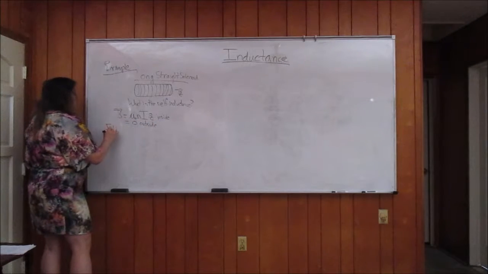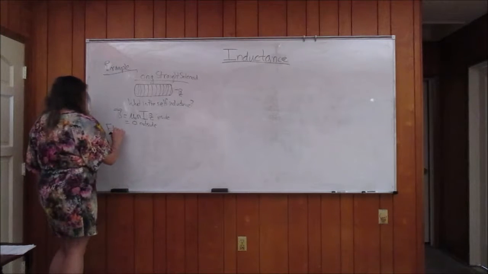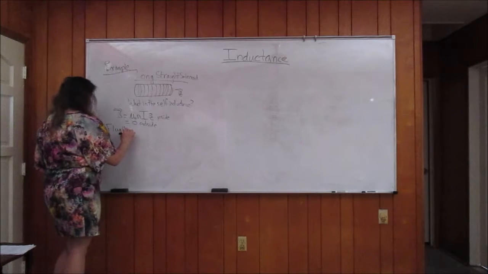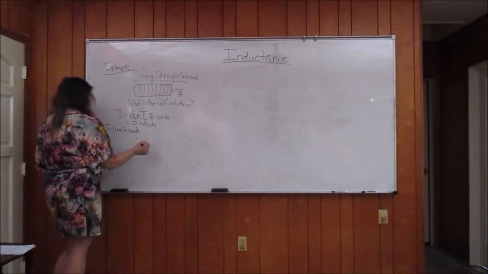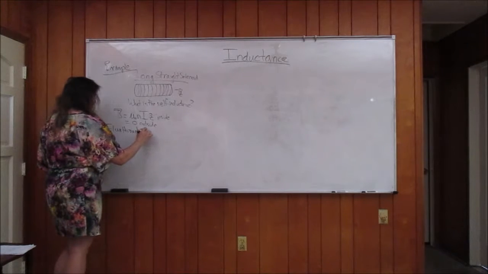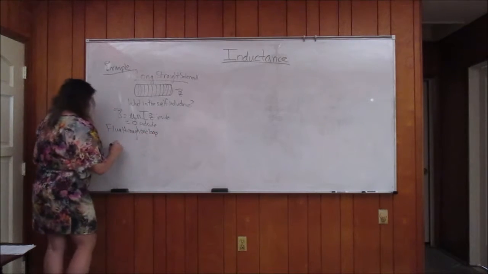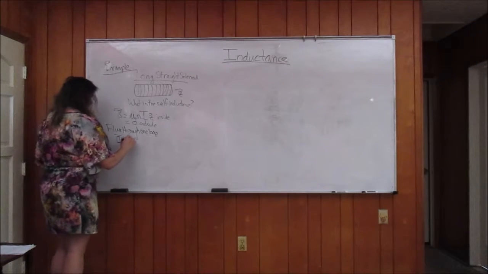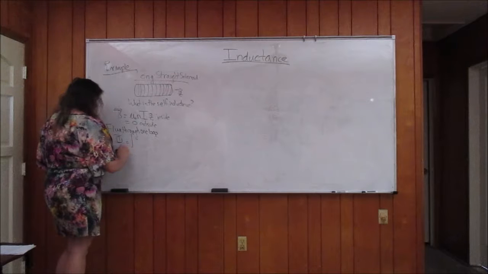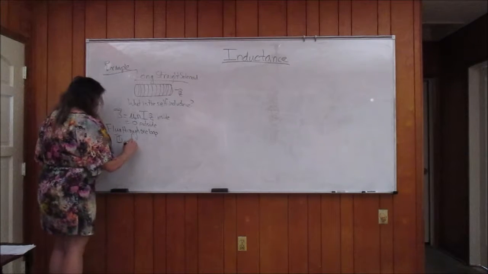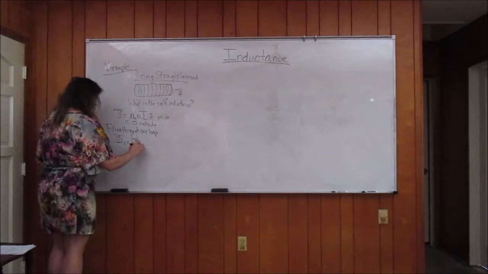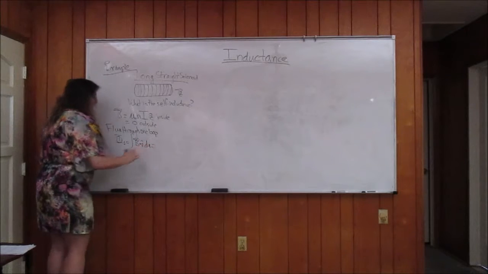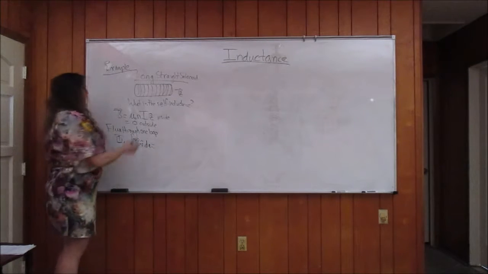The flux through one loop is just going to be equal to the magnetic field times the cross-sectional area.